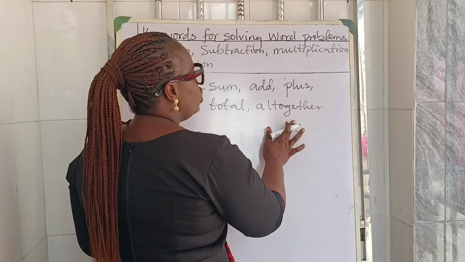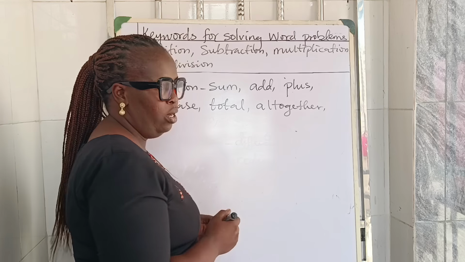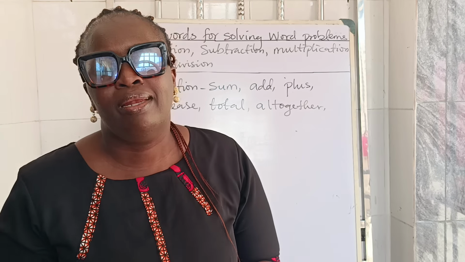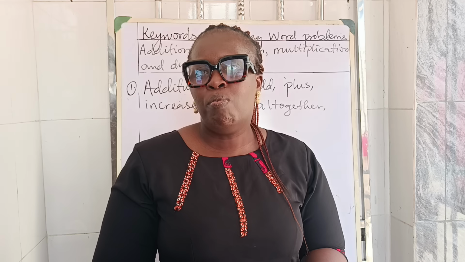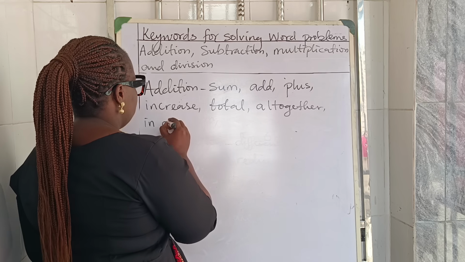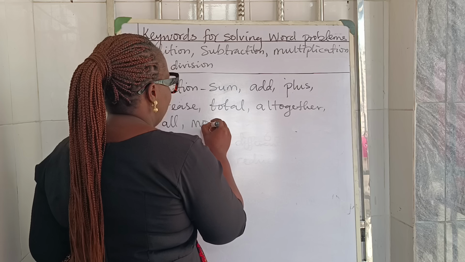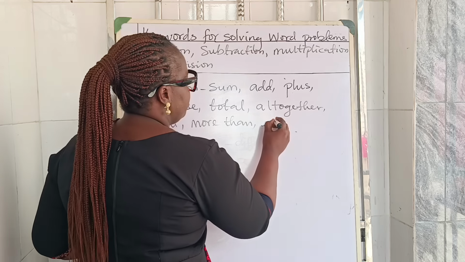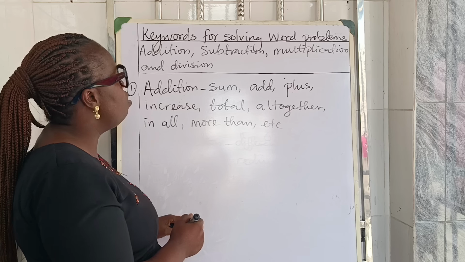All together, how many children were in the assembly? They are asking you to add when you see it in an exam question. More than, in all, etc. There are other keywords for addition.